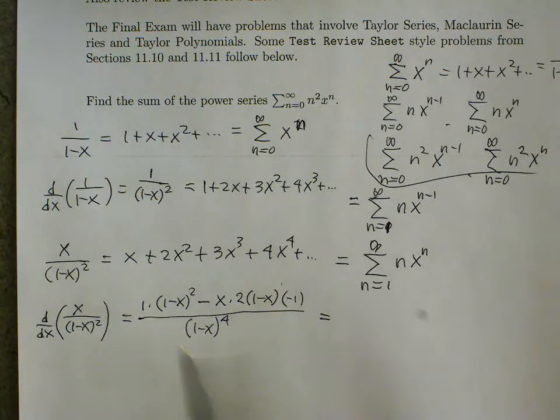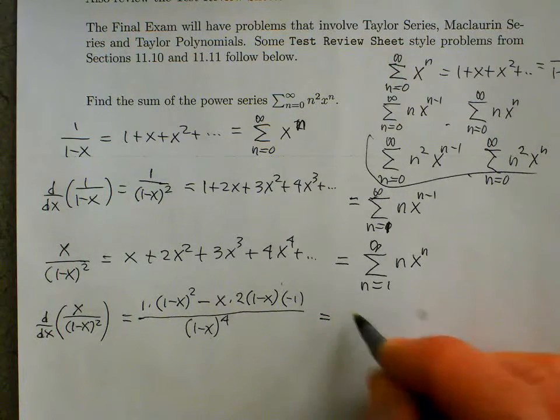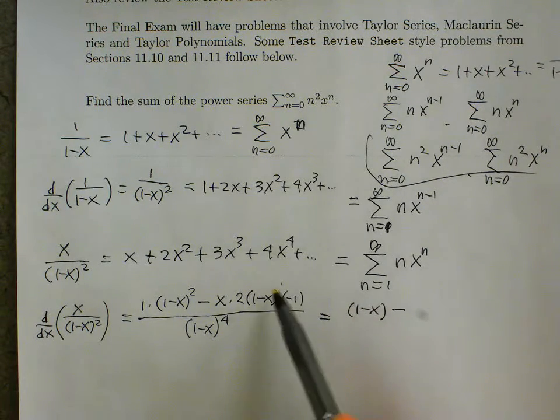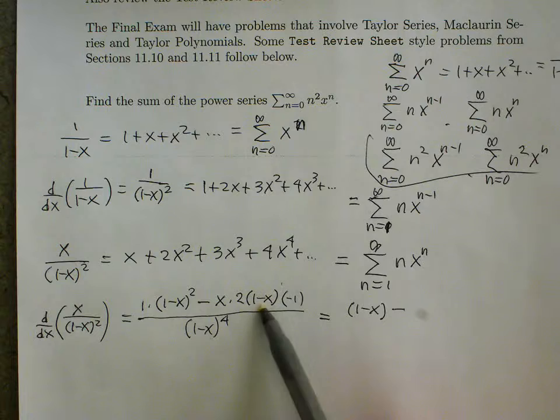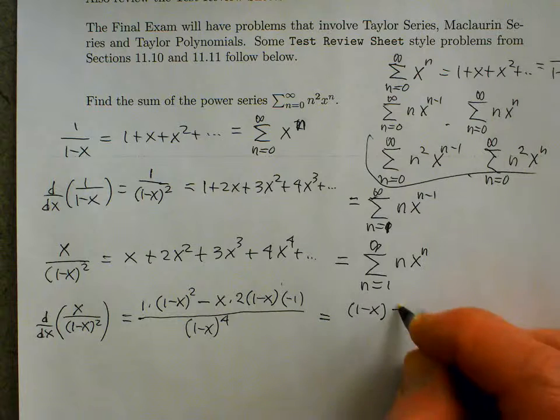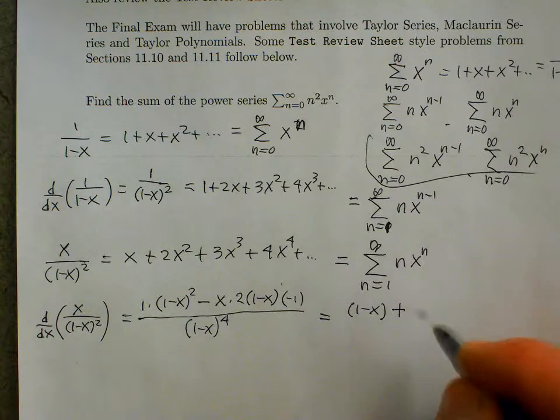And one factor of 1 minus x will cancel from all of the terms. So in the numerator on the left, we'll still have one factor of 1 minus x. This factor, 1 minus x, is gone, and so we have minus x times 2 times -1, which is going to turn out to be plus 2x.